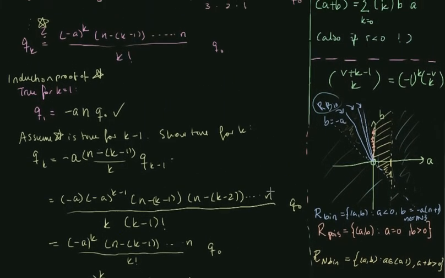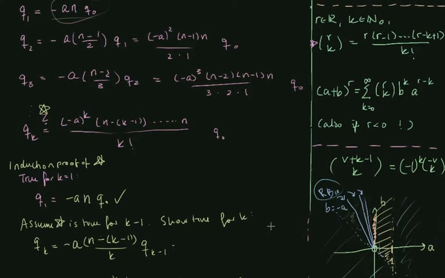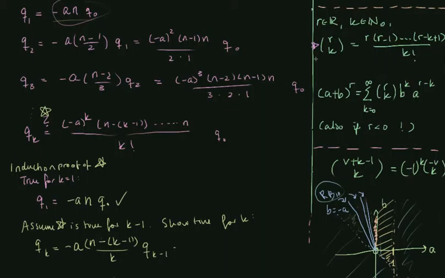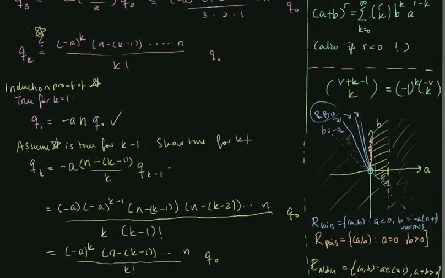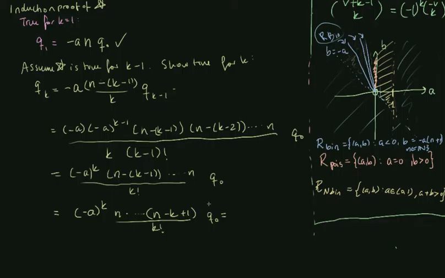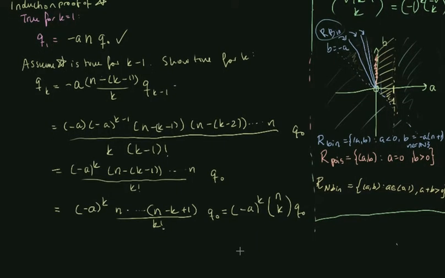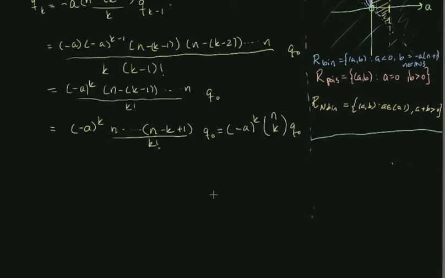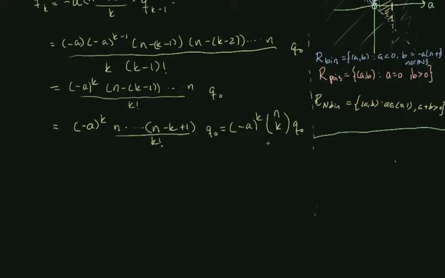And let us recall the definition of the binomial coefficient, which is here. And we recognize that this is exactly minus a to the k multiplied by n choose k, q0. So now we have that qk is equal to this.